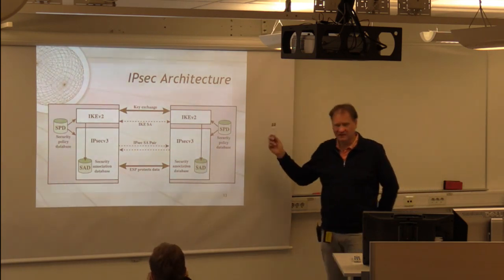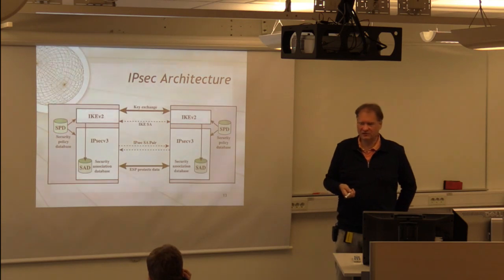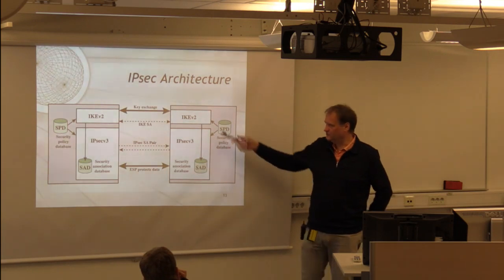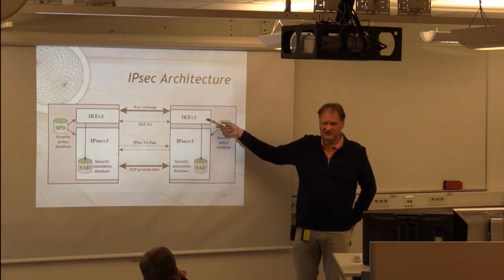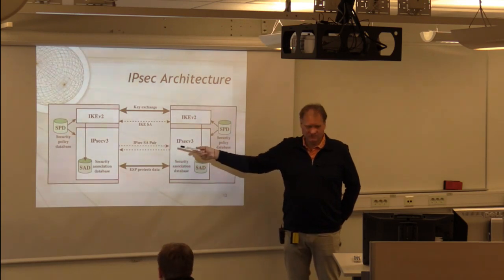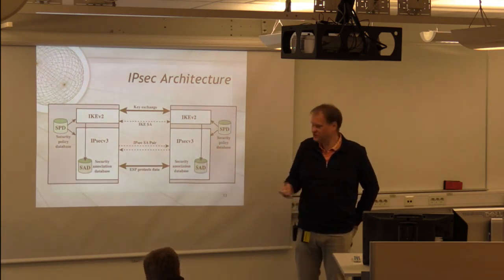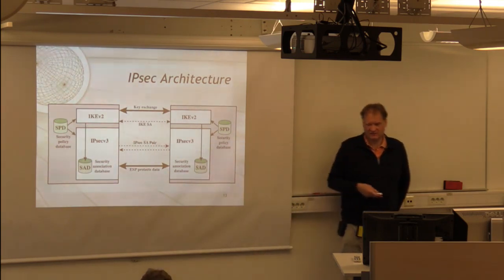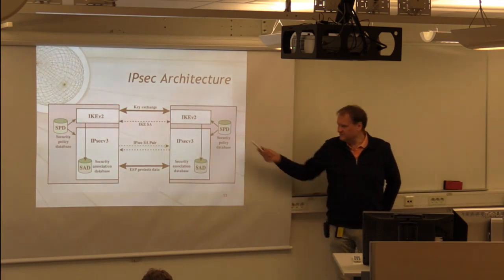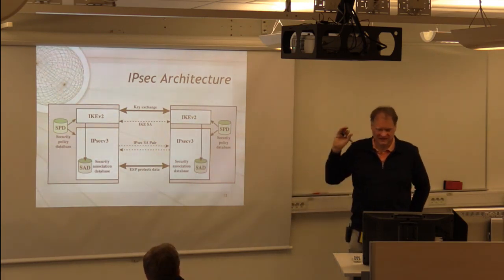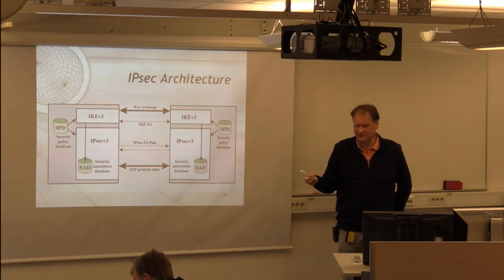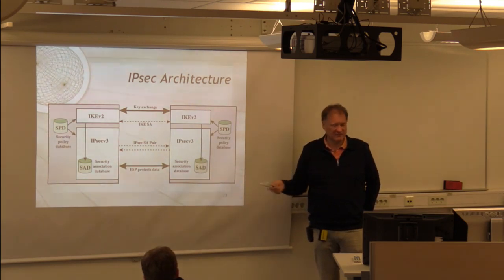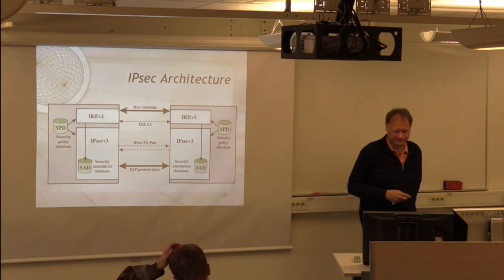The policy can say just drop it, or it could say we need to negotiate a new security association, which means we have to go back to the key exchange protocol to exchange some keys, and then ask IPsec to create that security association, and then we put the information in the database. So now it's a current association. This policy database is quite stable. It tells us what type of security we should have, while the security association database is always changing depending on what actual traffic we have right now.